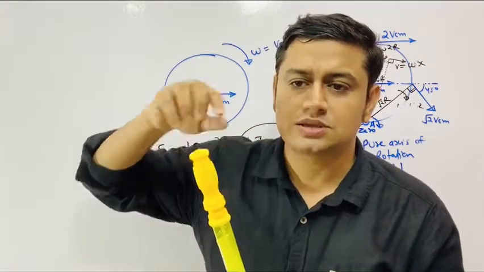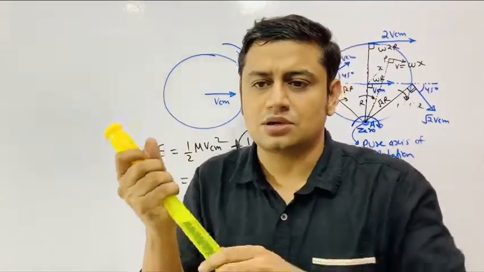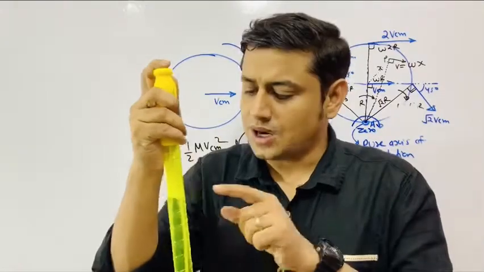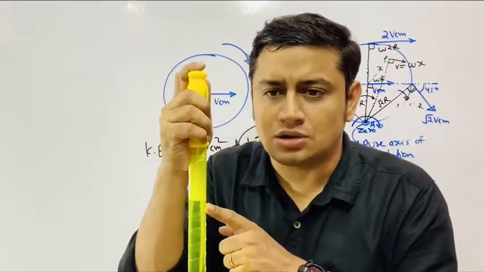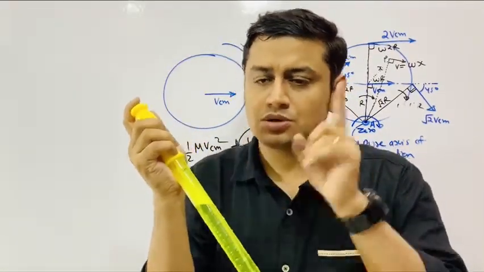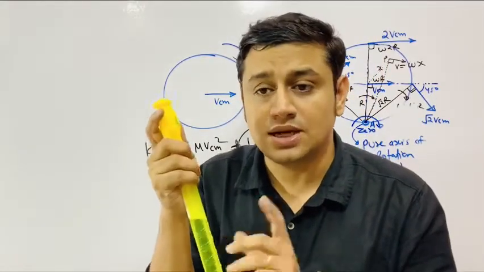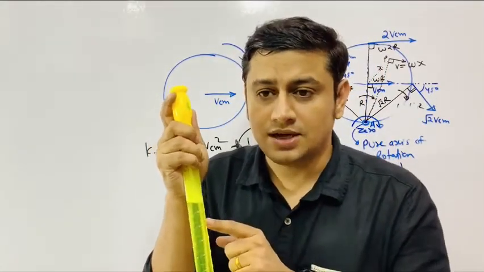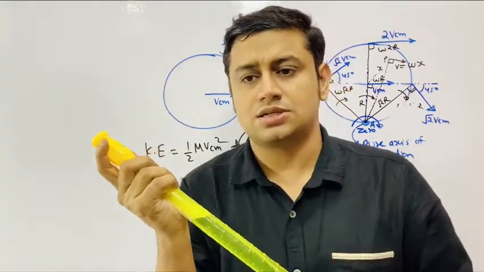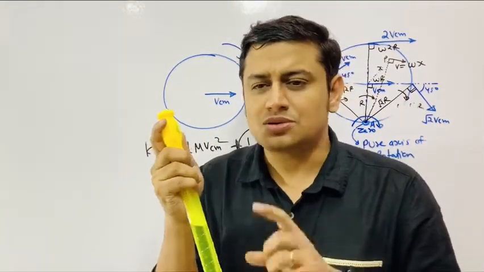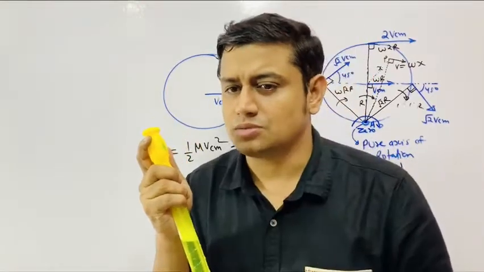I cannot see this point, so I am seeing the rest of the rod. Is the center of mass at rest or not? No, the center of mass is moving. So I would say it has translational motion because the center of mass is not at rest. Second, is the orientation changing? Yes. So that is rotational motion. So I would say this is combined translational and rotational motion.